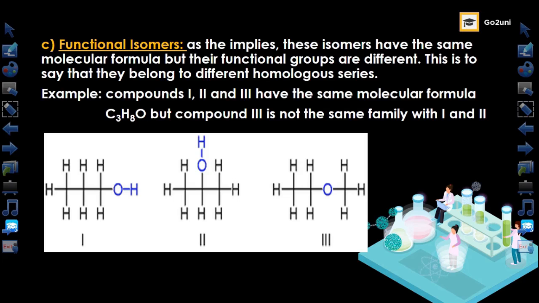So if they have the same molecular formula but different functional groups and hence belong to different homologous series, then they are said to be functional isomers.